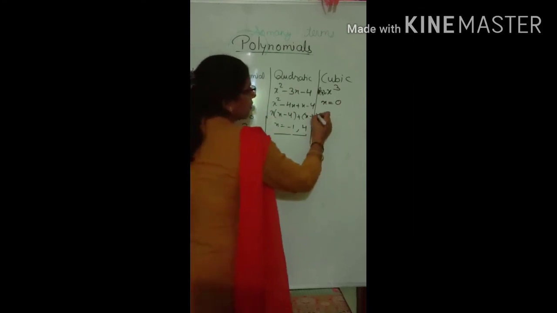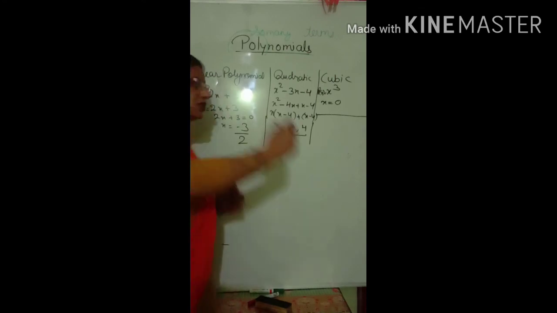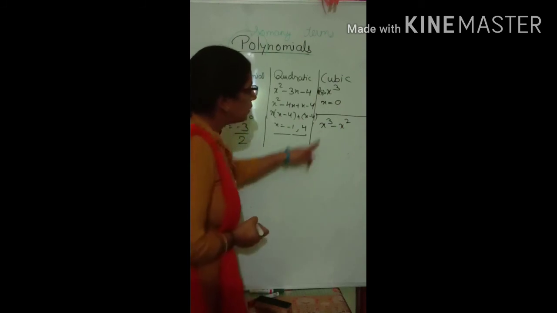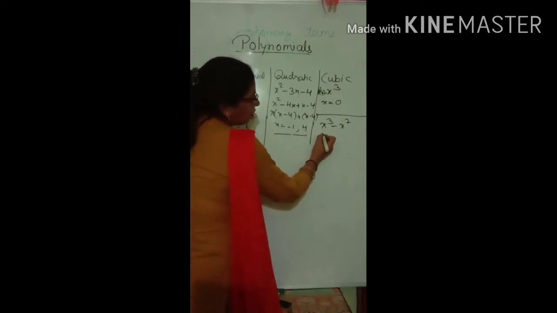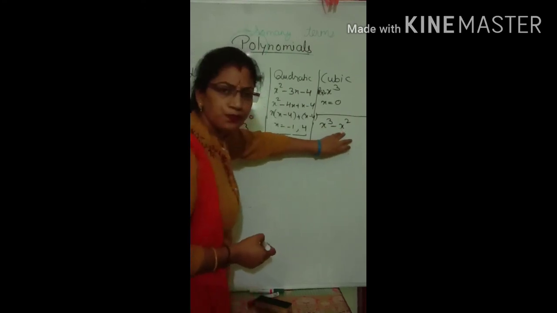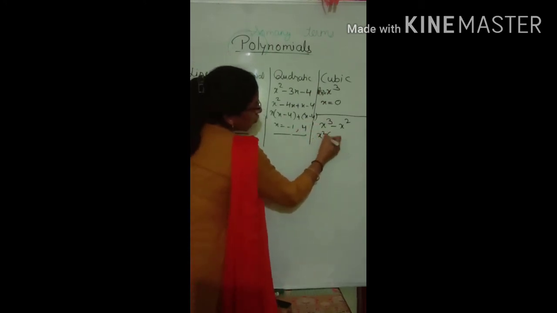See here. Okay, now let us take another, x cube minus x square. So I am taking another polynomial, this is also a cubic polynomial, maximum power is 3. So what should be the value of x? Can you factorize it? No. So what can we do? Take x square common.